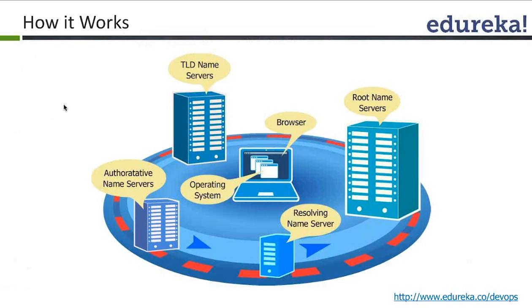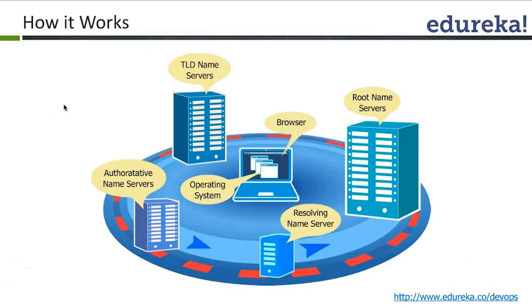So the root servers actually contain the pointers to where your TLDs are. So in the TLD, you would have listed where Google is, an IP address of your Google server.